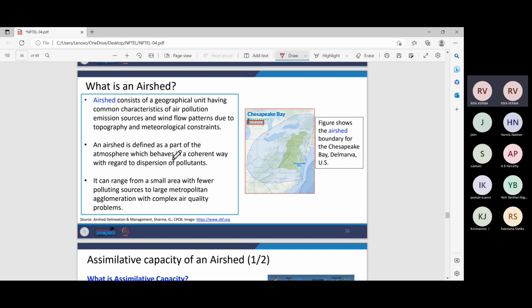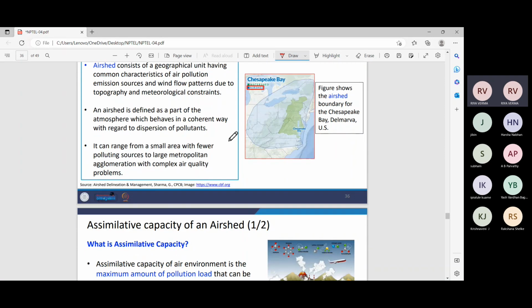It is defined as a part of the atmosphere which behaves in a coherent way with regard to the dispersion of pollutants. The dispersion of the pollutant will be uniform throughout the shed, and it can range from a small area with fewer polluting sources to a large metropolitan agglomeration with complex air quality problems. The area of an airshed can vary from a smaller area to a larger metropolitan city as well.